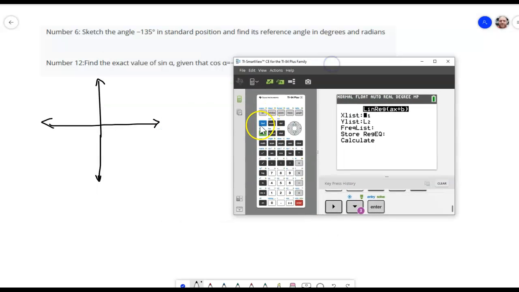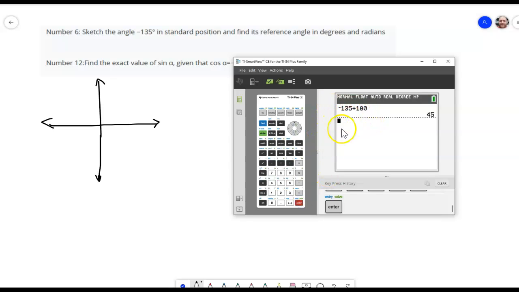Let's pull up my calculator here. If I take -135 plus 180, it's 45 away from 180, and if I do -135 plus 90, it's also 45 away from 90 as well.